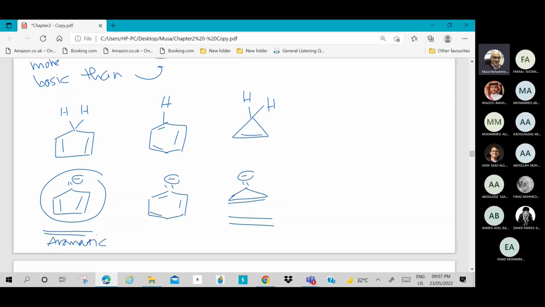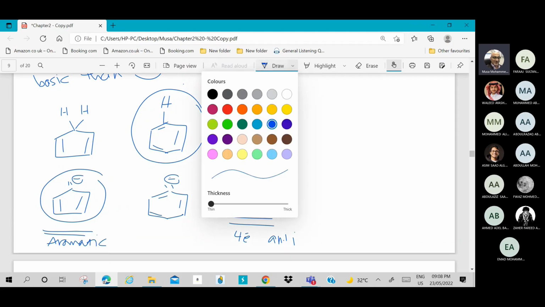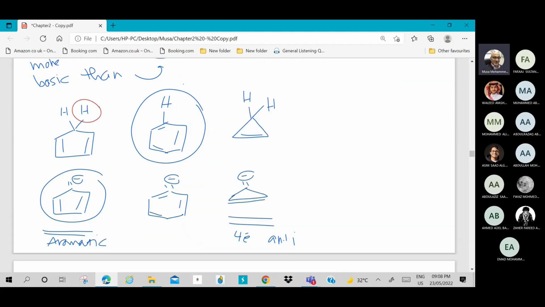Of course, you cannot deal with this compound because this compound is aromatic itself. Now, removal of this hydrogen is highly unstable. Now, this compound forms 4 electrons. This is anti-aromatic. So do you think that removal of this proton will be easier, or removal of this proton will be easier?